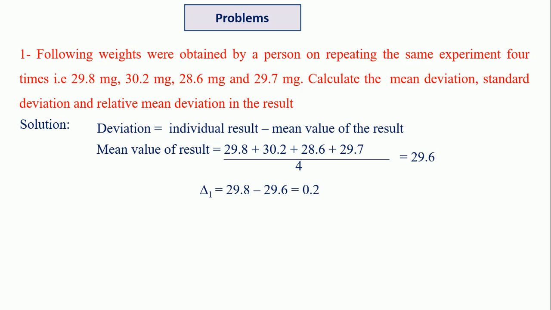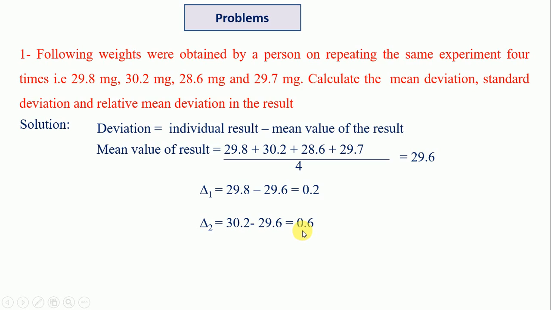Delta 1 is equal to 29.8, the individual value, minus the mean value of the result, and the answer is 0.2. So 0.2 is the deviation, known as delta 1, indicated by the symbol delta 1. Now second, delta 2, that is 30.2, again the individual result minus 29.6, is equal to 0.6.